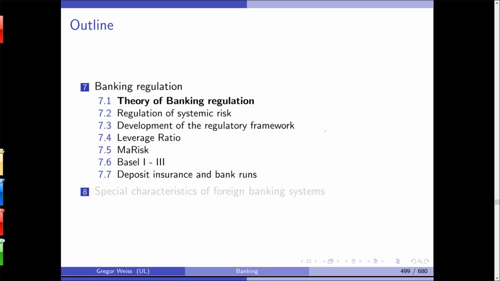What is meant by capital ratio and minimum capital requirements is, for example, take a very simple model of a bank. Let's assume they have total assets of $1 billion or 1 billion euros. You have profits and losses, and at some point the bank incurs high losses.